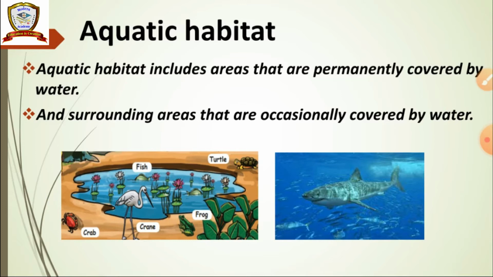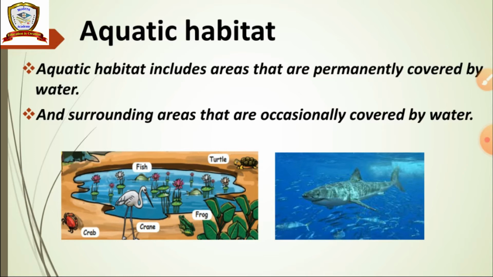A place covered with water is called aquatic habitat, and the area surrounding it is occasionally covered by water. Occasionally means not fully covered with water, but some water will be there around the aquatic habitat.